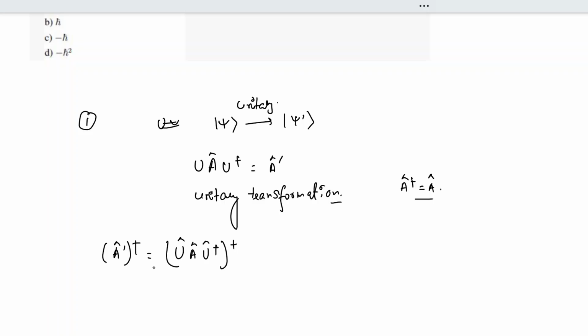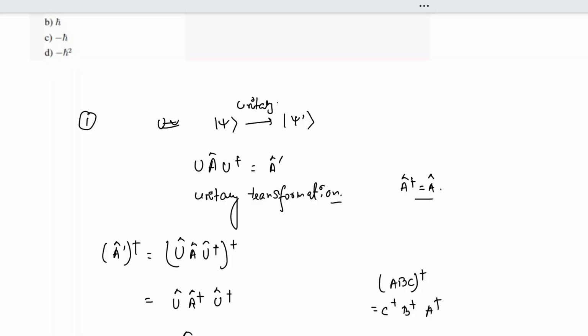If you want the adjoint matrix of A prime, you take the dagger, and when taking dagger, the order is reversed. So U cap dagger dagger is U cap, then A cap dagger, and then U cap dagger. This is the same as (ABC) dagger equal to C dagger B dagger A dagger.